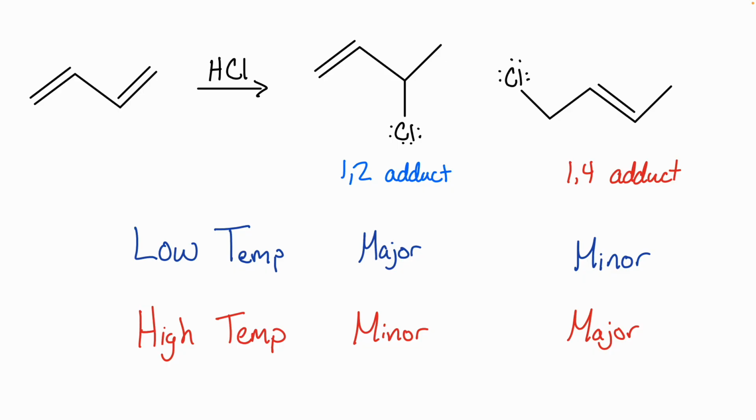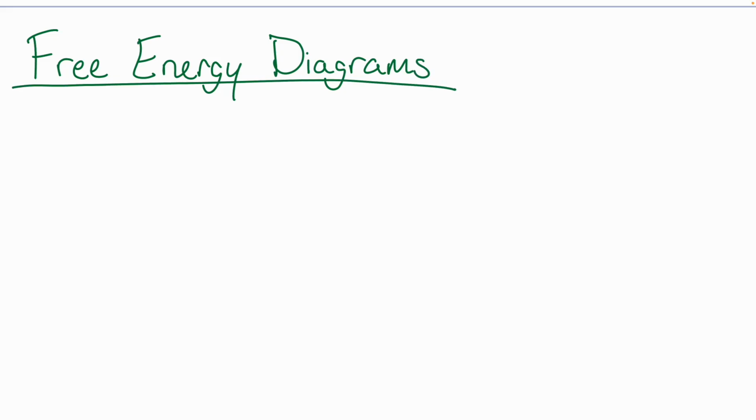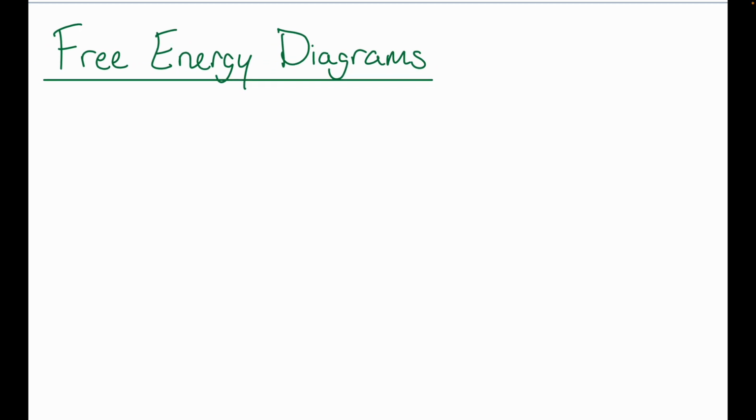All right, so why is that? Before we can kind of jump into explaining this particular reaction, let's just review something from all the way back in Chem 1B, free energy diagrams. These are these graphs, these curves that we use to describe chemical reactions in all of chemistry, really.